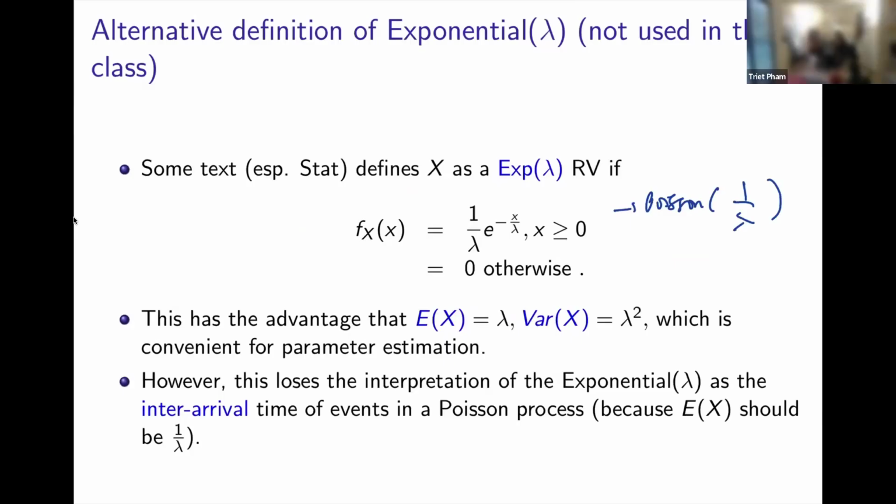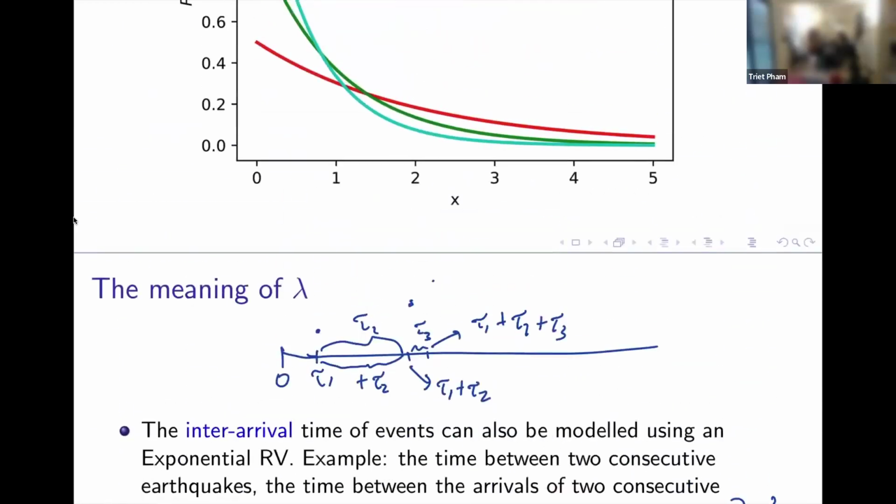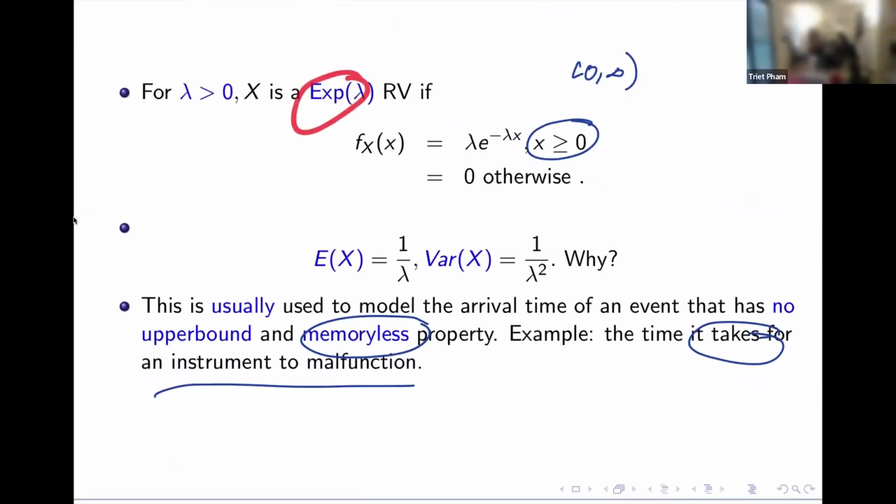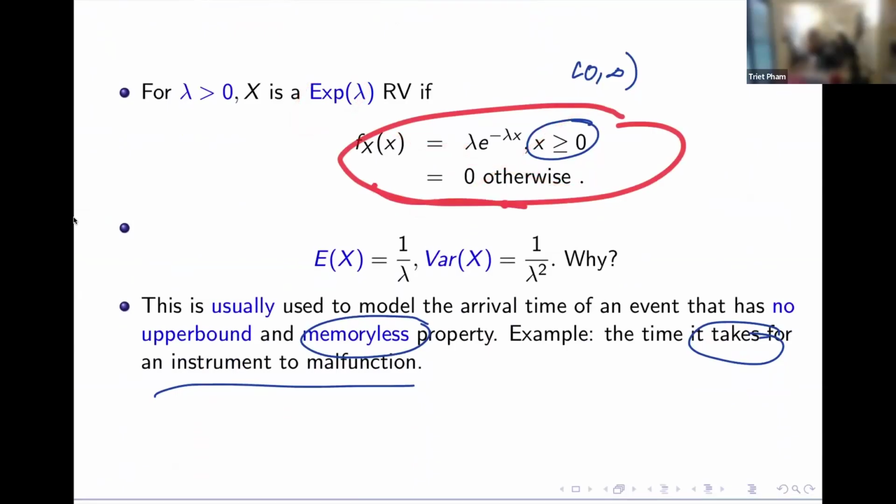That's why one of them will be the rate, 1 over the average number of events, and of course the exponential naturally has that. I'm just telling you this, but in this class, when we mention exponential lambda without any qualification, this is what we mean. We don't have to spell it out for you every time.